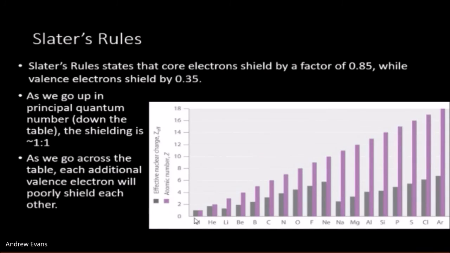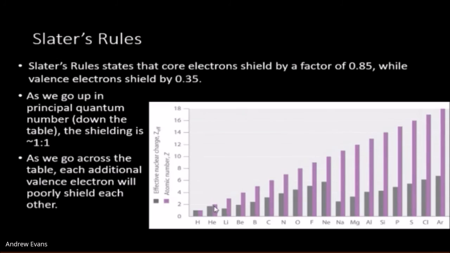So what we see here is a comparison of Z effective and actual atomic number. Hydrogen has a 1-to-1 ratio. They're exactly the same because hydrogen has no electrons to shield from the core. It's 1 electron, 1 proton. There's no shielding.